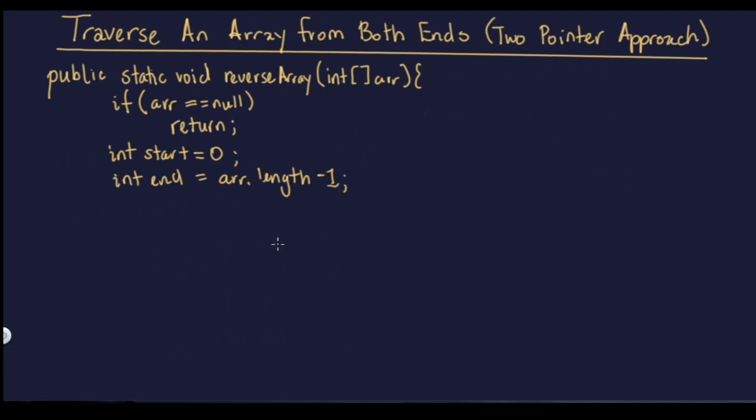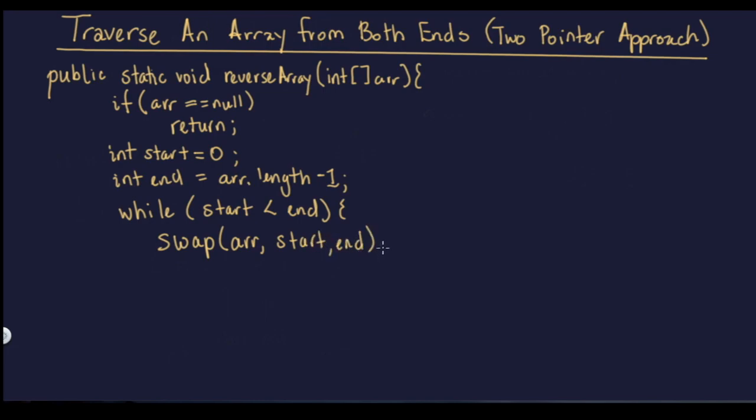So after that, we want to have a while loop. Like I said, we want to make sure that start is less than the end. So while start is less than the end, what do we want to do? We want to perform a swap and then increment the start pointer and decrement the end pointer. So I'm just going to say swap here and do array, and then we do start and end.